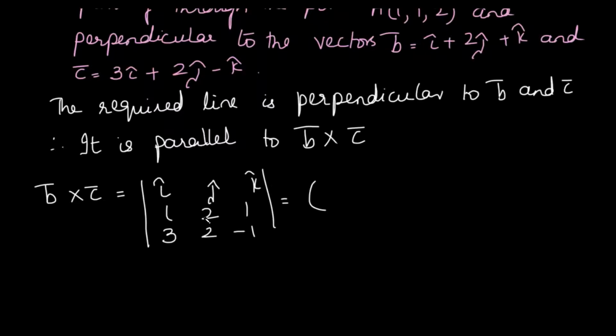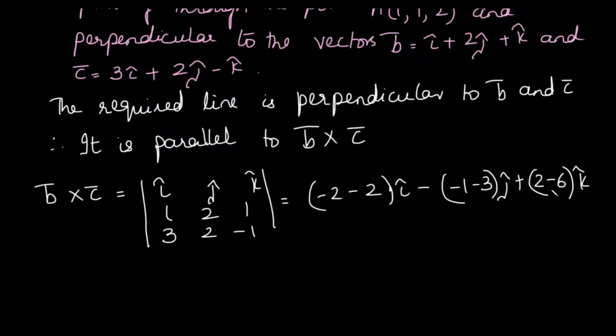Solving it, we get minus 2 into i, minus (minus 1 minus 3) j, and plus (2 minus 6) k, which turns out to be minus 4i.